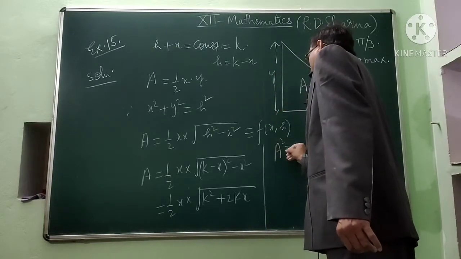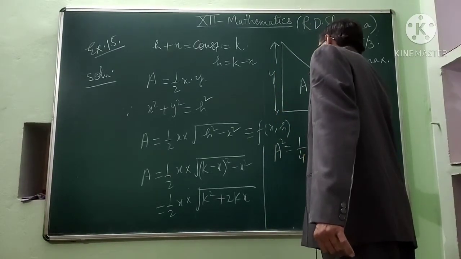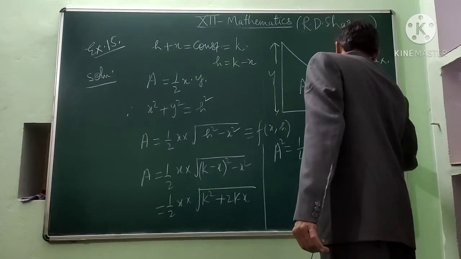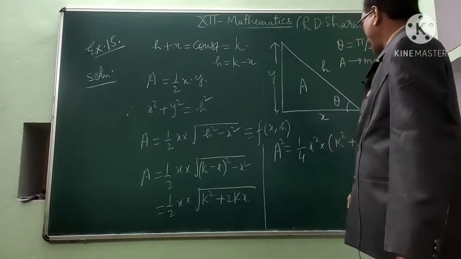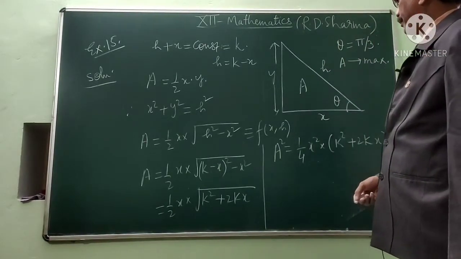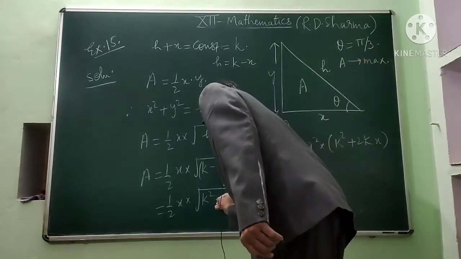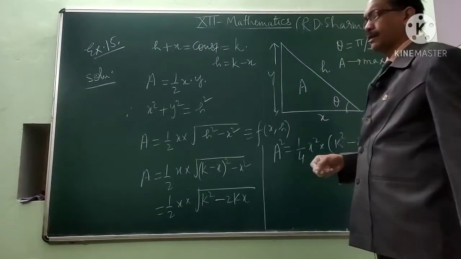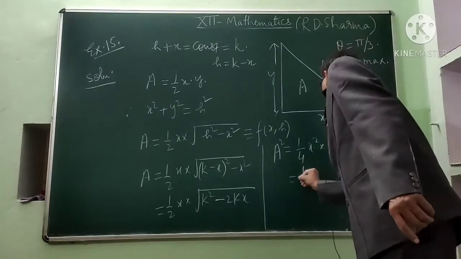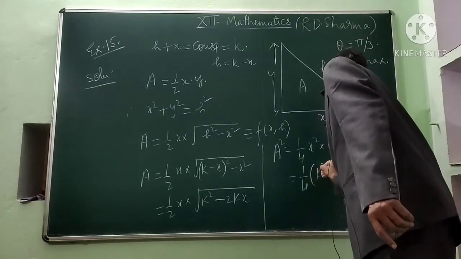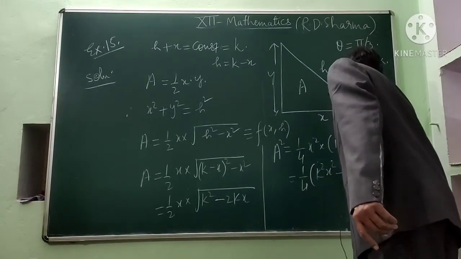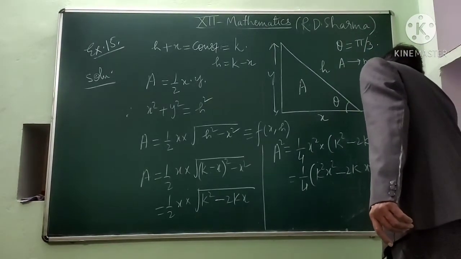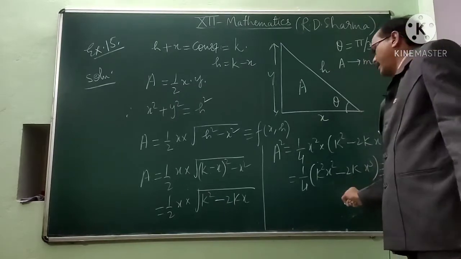So A square equal to 1 upon 4 x square into k square minus 2kx. Then it is 1 upon 4 k square x square minus 2kx cube, which is a function of x only because k is constant.